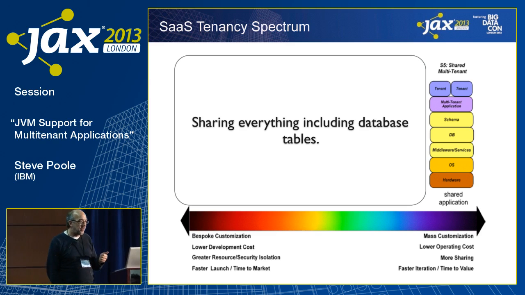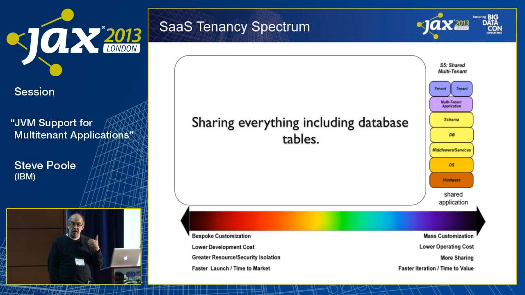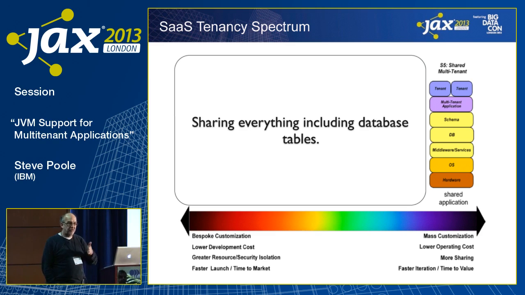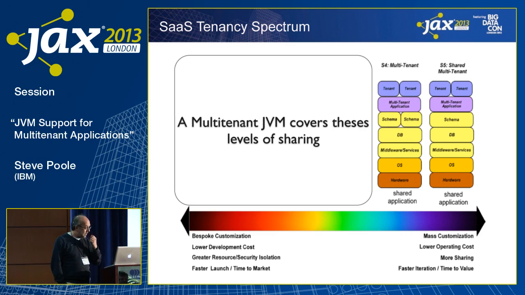There are clever things where the idea is you're just sharing so many rows in a table. Right? This is where people want to go. So this is a spectrum from sharing absolutely nothing all the way through to, hey, do you want to share everything? So we're going to play in the VM multi-tenancy, in these last two, and I'm going to talk about what we've done, how we're doing it, and some of the benefits we're getting from it.